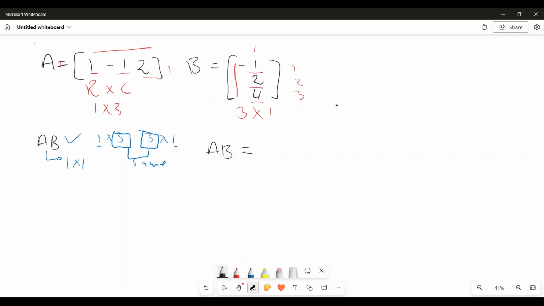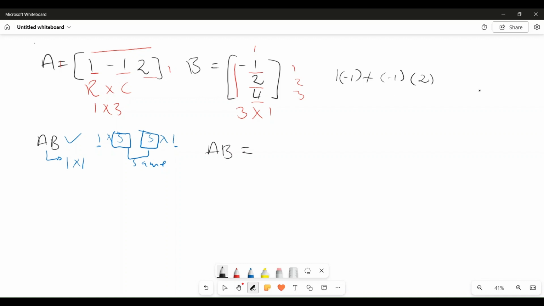Here it goes. We are going to take this first number here on the first entry of A, which is 1, and multiply it with the first entry in B, which is -1. Then plus this number here on the second entry of A, -1, multiplied with the second number there, which is 2, on the column.